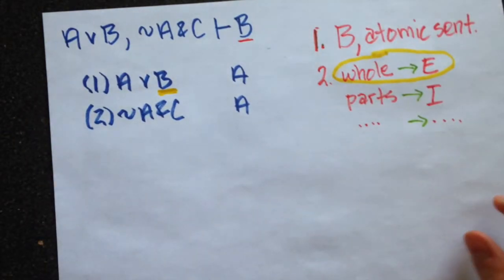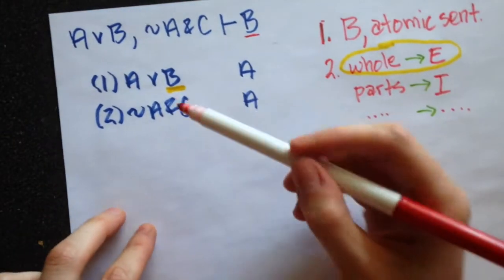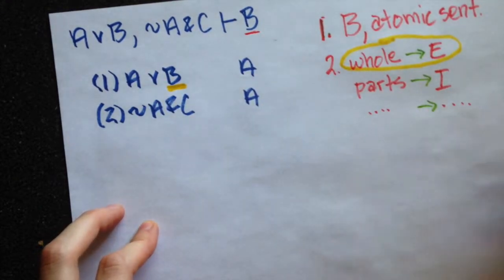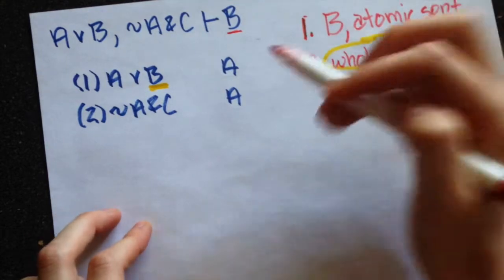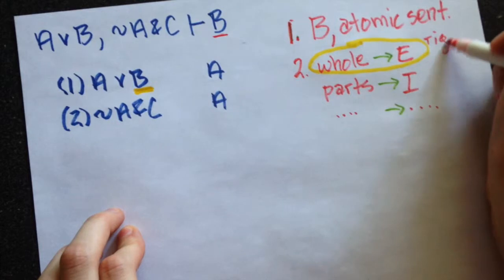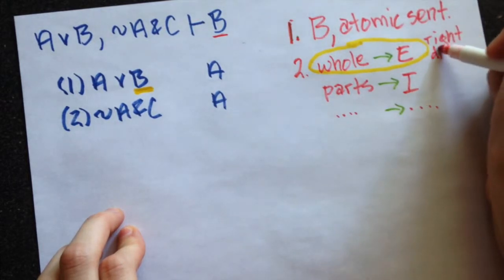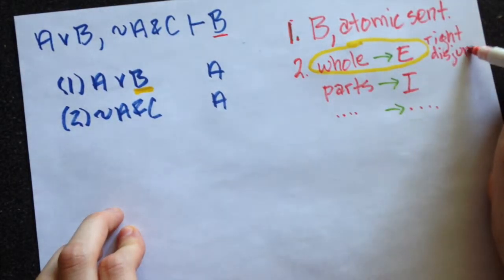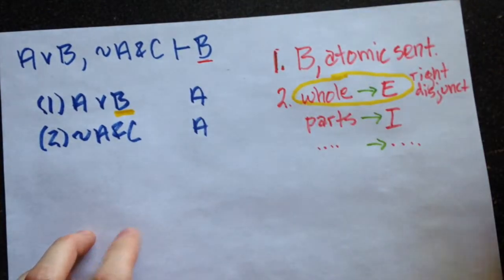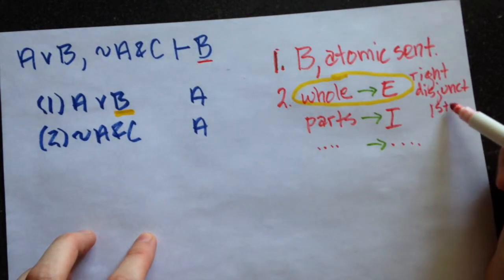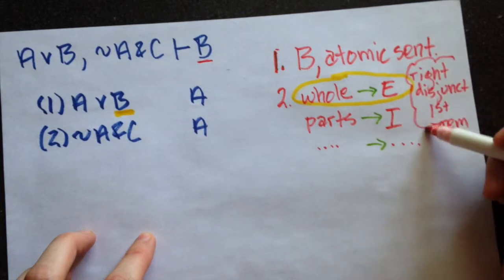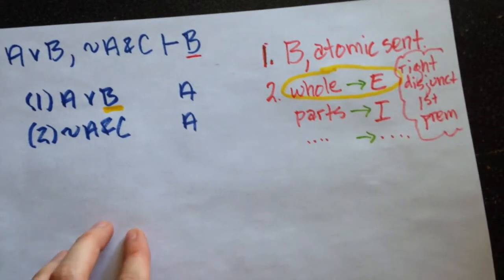Now, how do we figure out exactly what kind of elimination? Well, B is embedded in a disjunction. B is the right disjunct of that first premise. You want to be able to identify exactly where that conclusion is.